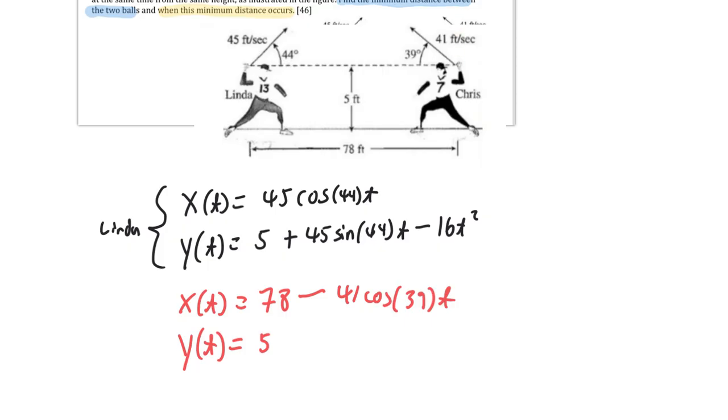So this is very much reminiscent of Linda's y component, except it's 41 sine, and the angle is 39, times t, but then we have to take gravity into account, which is 16t squared. So this is Chris's information.